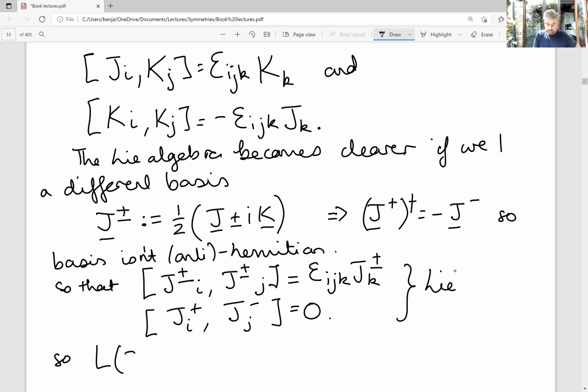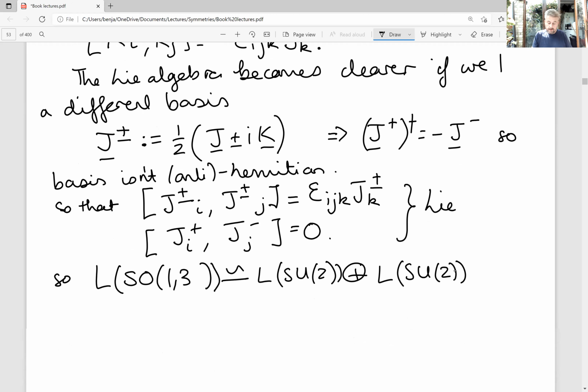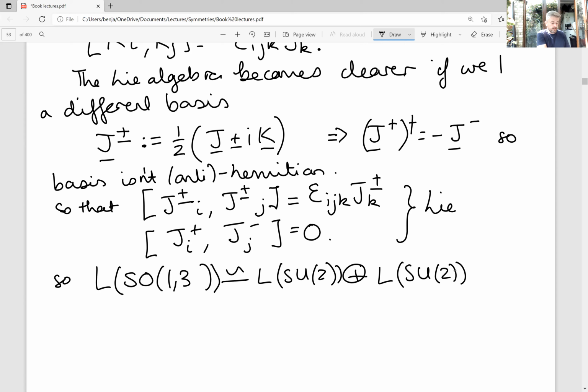So what that means is that the Lie algebra of SO(1,3) is isomorphic to the Lie algebra of SU(2) in a direct sum with another Lie algebra of SU(2). So in other words, there are two commuting copies of angular momentum operators.